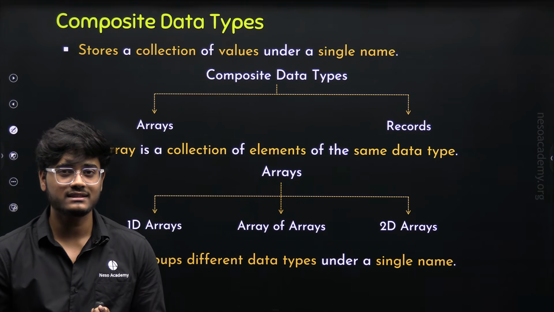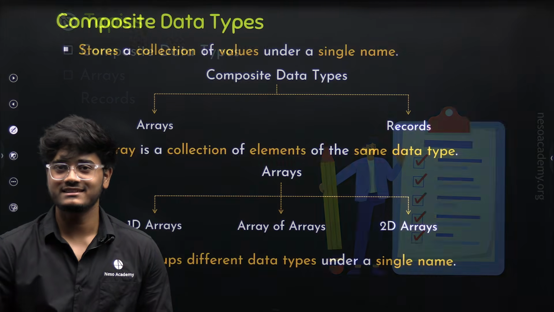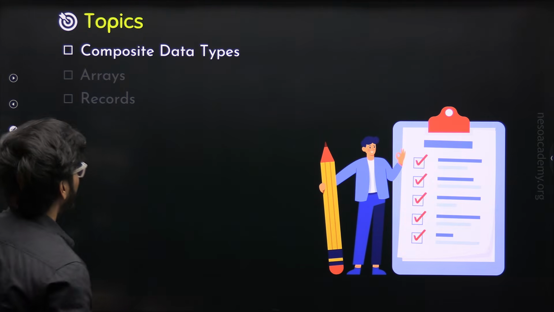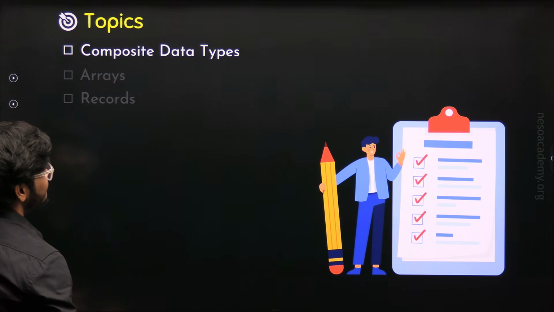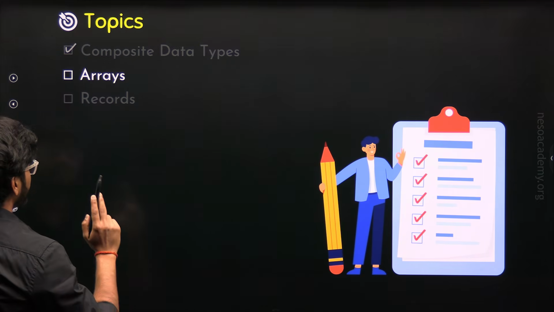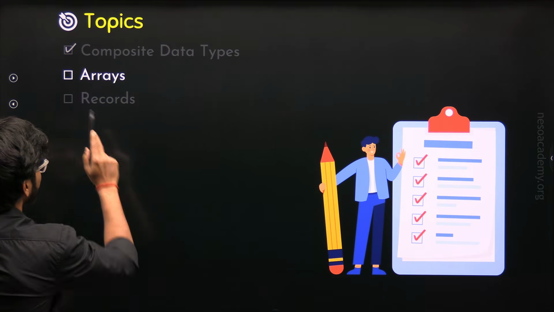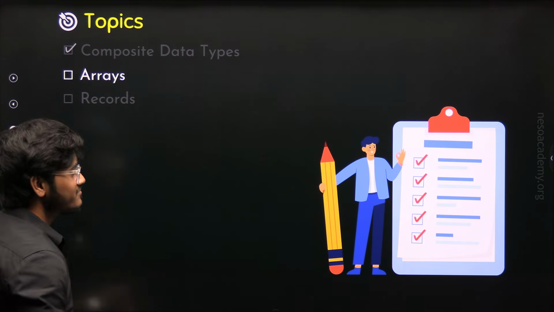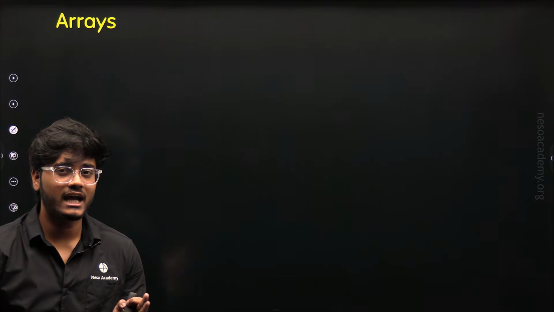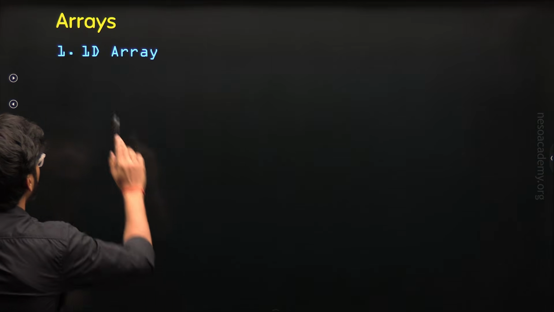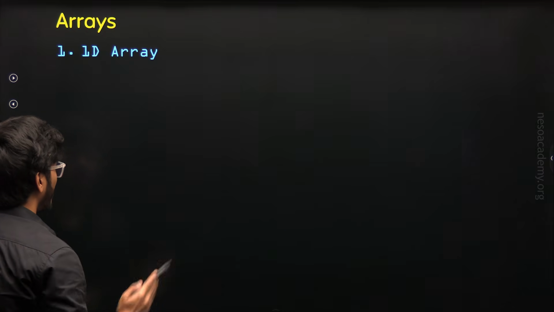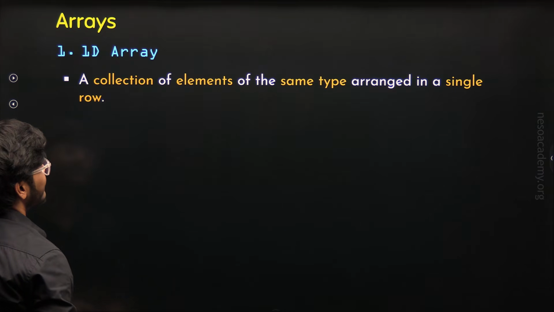So, I hope you understand what are composite data types, which means we are done with our first topic, composite data types. Let's understand the first composite data type, arrays. Let's understand different types of arrays. The very first type is 1D array or one-dimensional array.